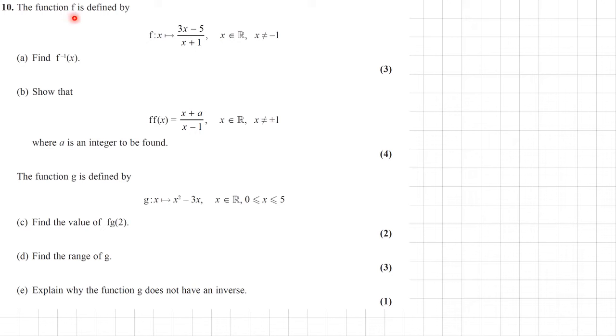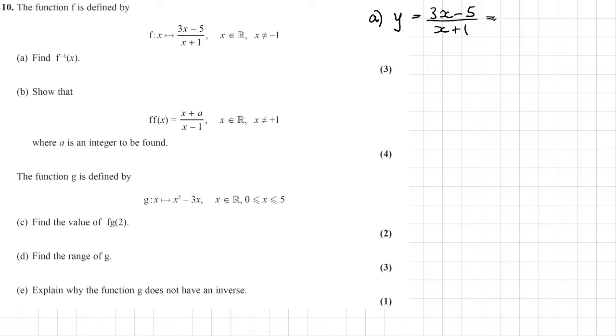Question 10. The function f is defined by this. So f is the function, and x is mapped to (3x minus 5) all divided by (x plus 1). And what we need to do in part A is to find the inverse. So we start by making it y equals (3x minus 5) over (x plus 1), and we need to make x the subject.